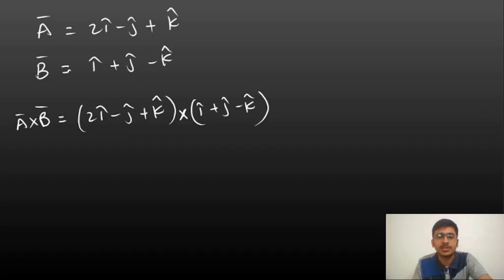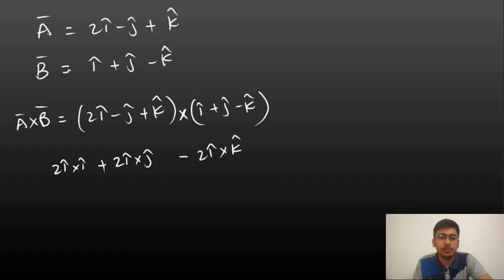What will I get? I have to do cross product. So firstly I'll multiply 2i cap with everyone. I'll get 2i cap cross i cap, then 2i cap cross j cap, then minus 2i cap cross k cap. Obviously, I'll add them.